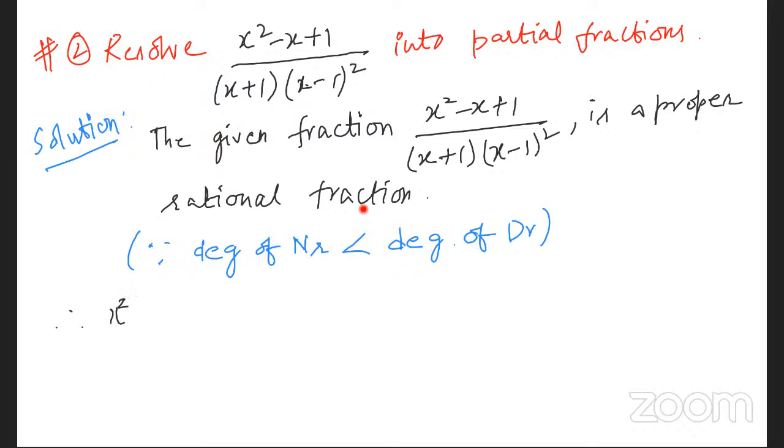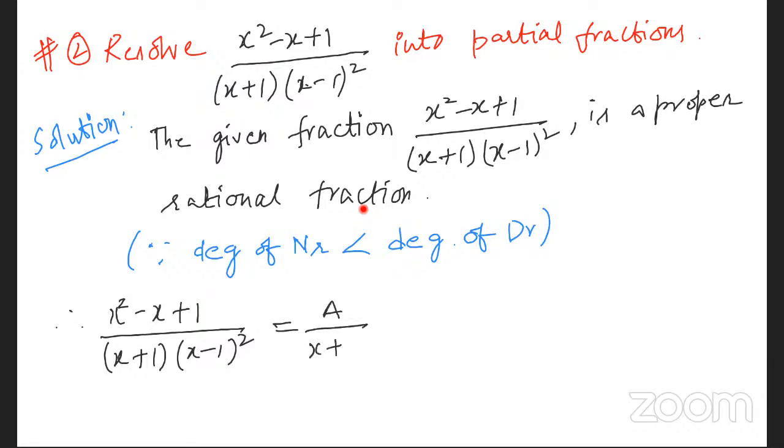Therefore, x square minus x plus 1 divided by x plus 1 into x minus 1 whole square is equal to, this can be written as a by x plus 1 plus b by x minus 1, since this is a repeated linear factor, plus c by x minus 1 whole square.